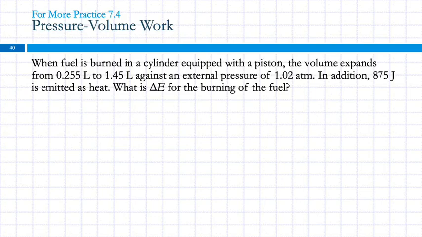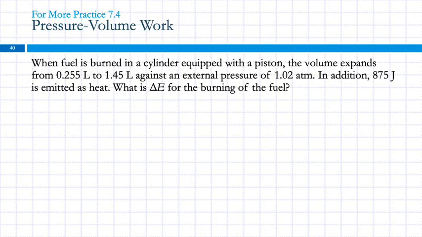Here's another one. When fuel is burned in a cylinder equipped with a piston, the volume expands from 0.255 liters to 1.45 liters against an external pressure of 1.02 atmospheres. In addition, 875 joules is emitted as heat. What is delta E for the burning of the fuel? These are the sorts of calculations that engineers are interested in.